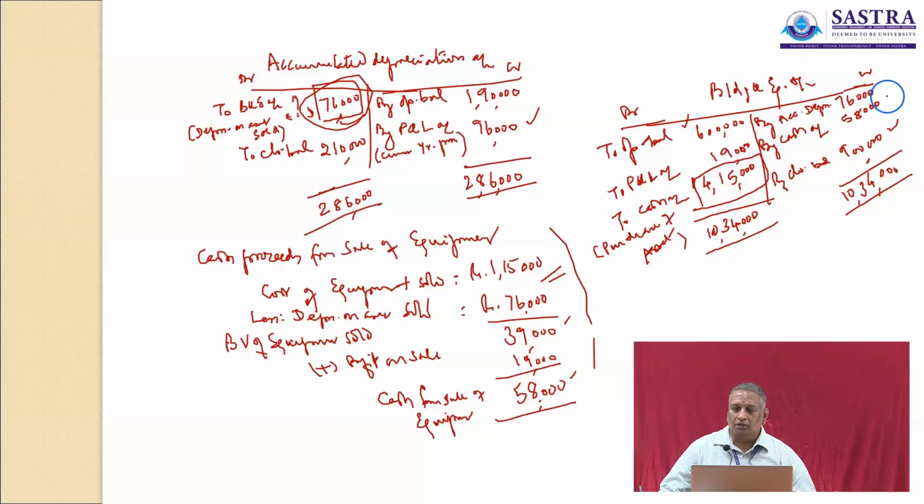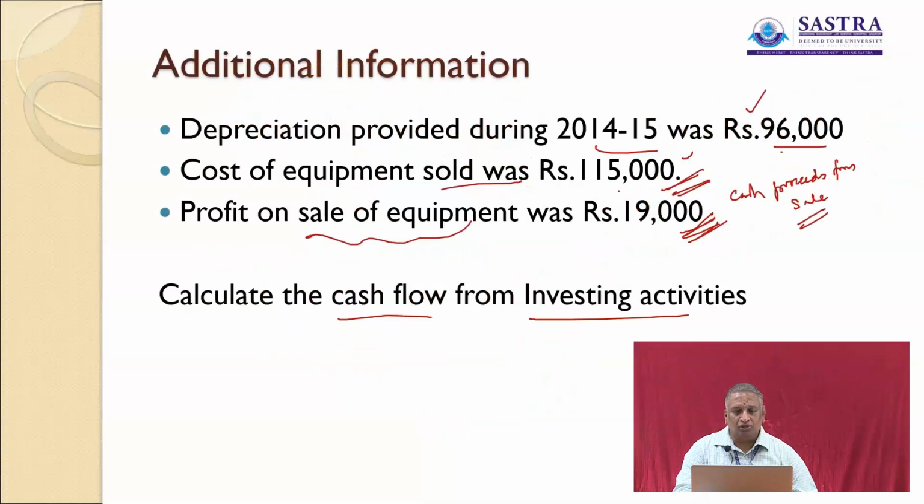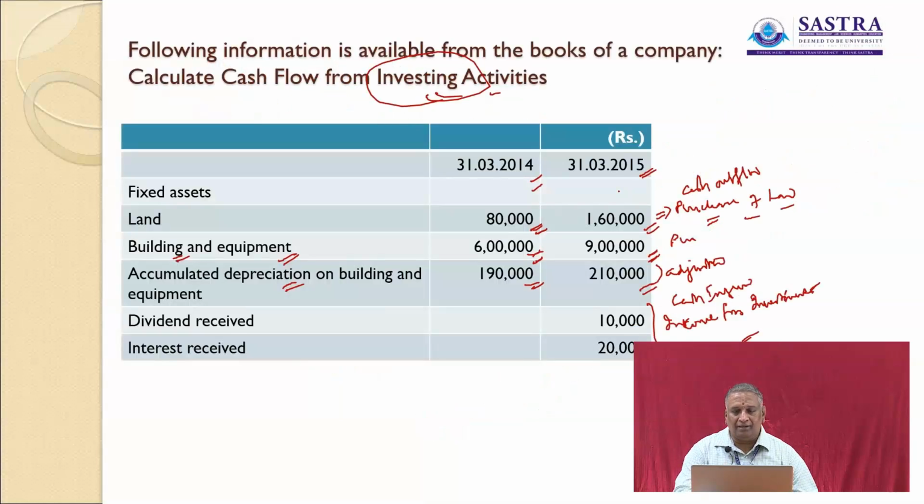So this is your cash inflow and this is your cash outflow. And already you have cash outflow on account of purchase of land to the tune of 80,000.